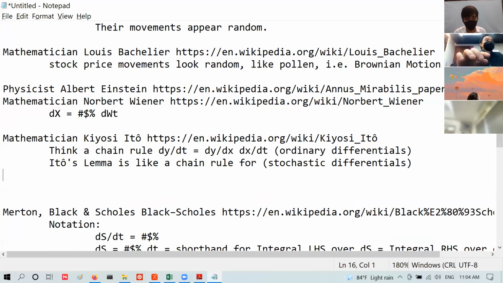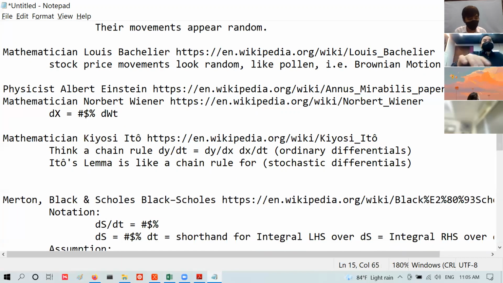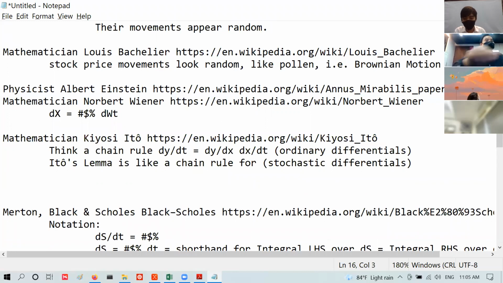The idea is, in other words, he wants to make a chain rule for the WT or DS, DW, and all that. Okay. So that's the thing. In fact, I don't have to write it.